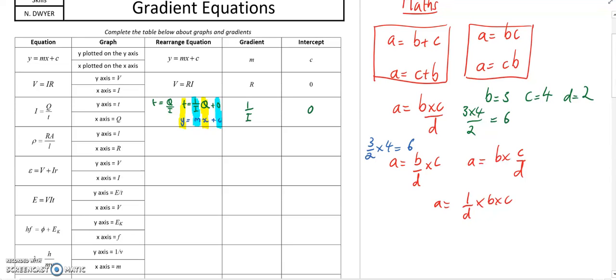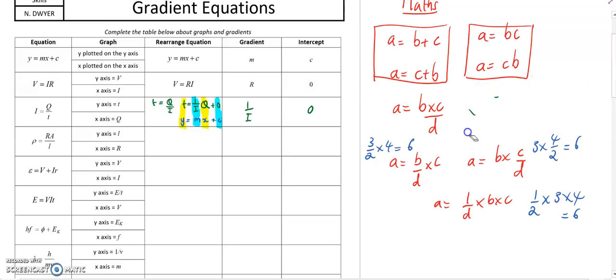If you don't believe me, plug it in your calculator. C over D is 4 over 2, so that's 2. 3 times 4 over 2, 3 times 2 is also 6. This one, a half, which is 1 over 2, times 3 times 4 is also 6. So all of these are the same thing. We can write BC over D in all of the ways we've just discussed.